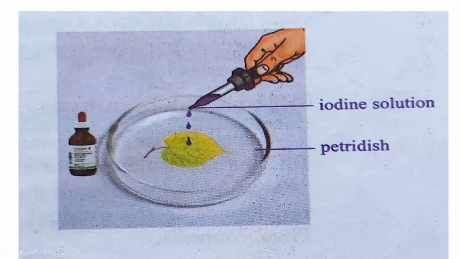This is the confirmation test for starch. Iodine changes starch into blue color. Here the leaf turns blue with the iodine solution, hence starch is present in the leaf. So this is the experiment to prove that starch is present in the leaf.